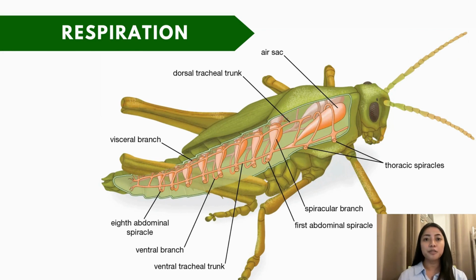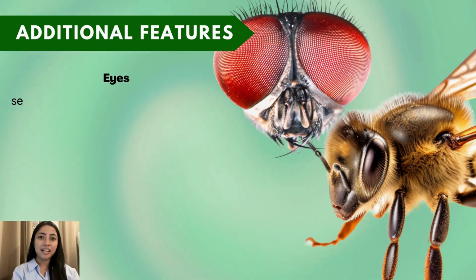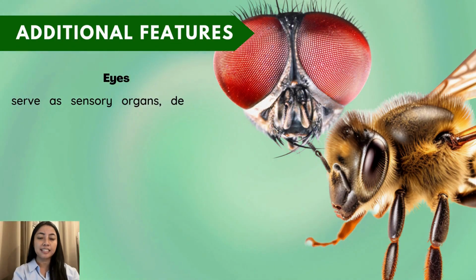Another distinct feature is the respiratory structures. The head may also host respiratory structures depending on the arthropod's class. For example, insects have tiny openings called spiracles that lead to a tracheal system, while arachnids, like spiders, respire through book lungs or tracheae. Lastly, we have additional features like the sensory organs, for example, eyes.